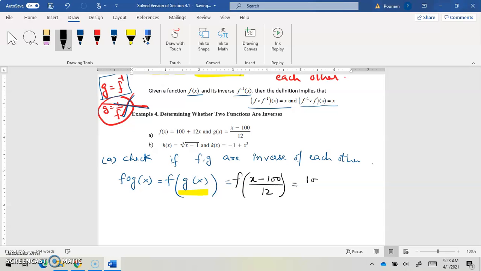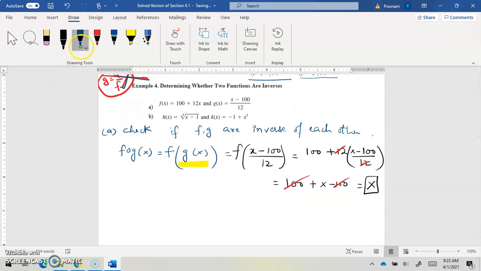So 100 plus 12 times whatever was inside. That is (x minus 100) by 12. We see that this can cancel. This can be simplified to 100 plus x minus 100. 100 can cancel, which is equal to x. And that is what we were expecting, right?